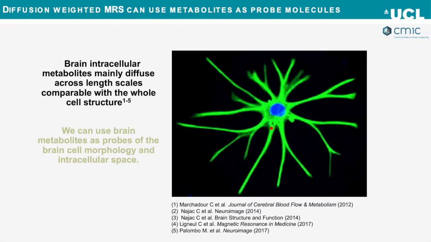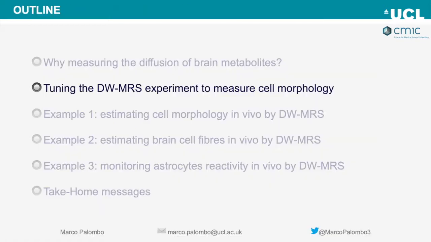So this suggests that we can indeed use brain metabolites diffusion to probe the cell morphology. But how? Well, by using diffusion-weighted spectroscopy and properly designed acquisition. So here, let's see how to tune our experiment to measure different aspects of the cell morphology.